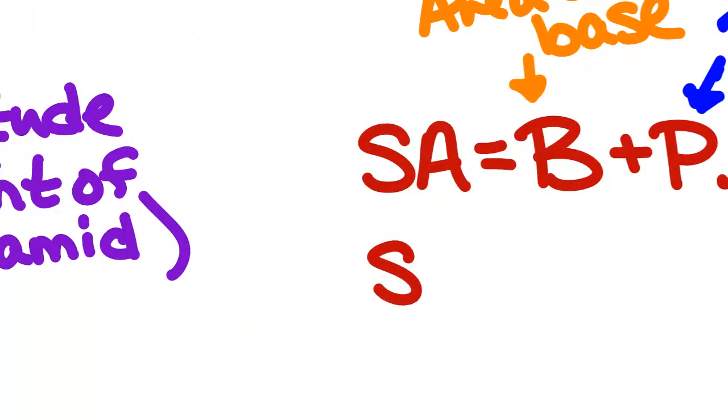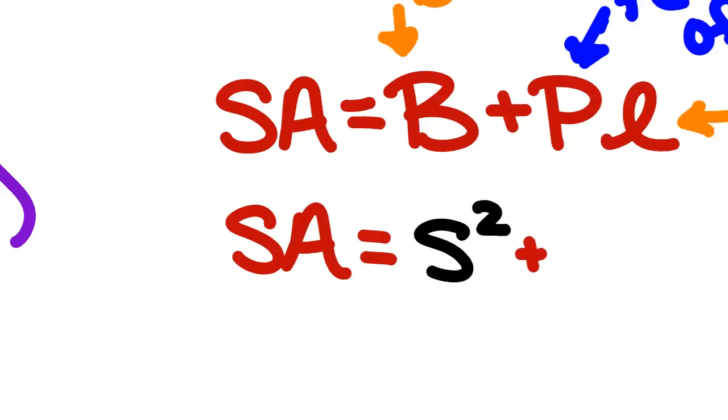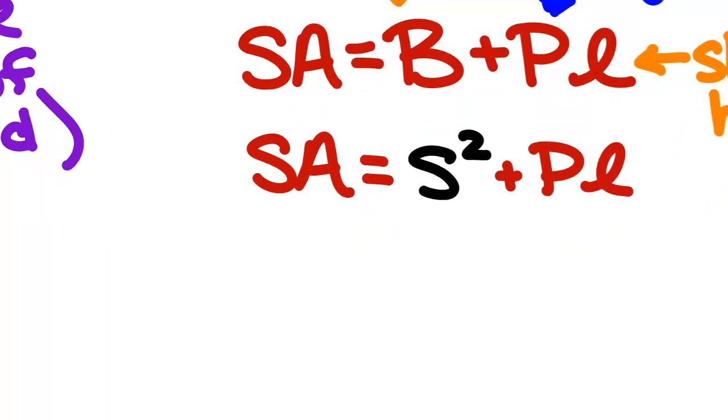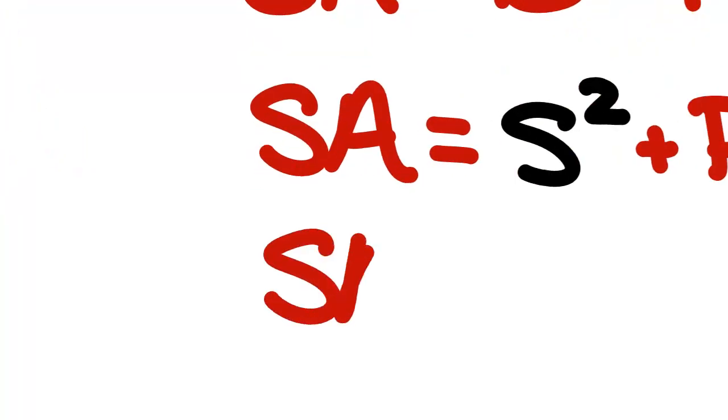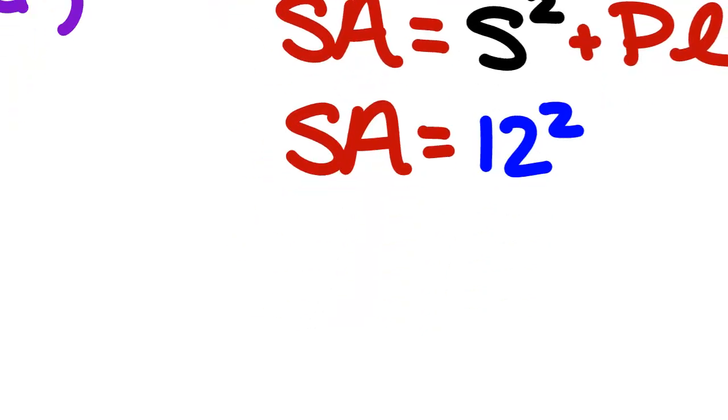Square. How do we find the area of a square? Yep, we're going to square 12. Take my side and square it. If you already know what it is squared, you can substitute it right in. Yes. So surface area is equal to 12 squared, or 144.